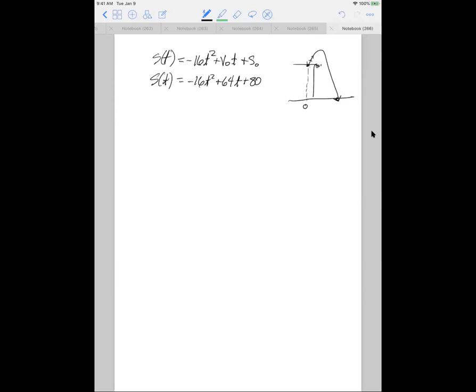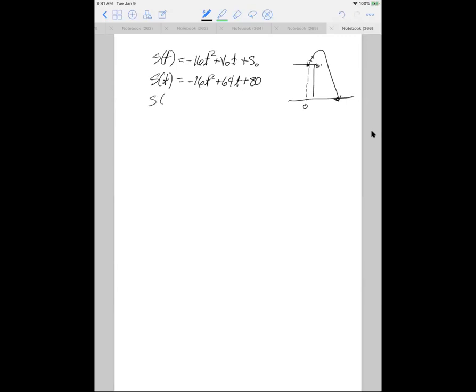So the first question is, on the sheet, how high does it get at 1 second? It's being propelled up, how high is it? This formula is the height, the distance the item is from the ground at time t. At 1 second is what the question's asking. Well, let's plug in a 1 to figure out what it is.